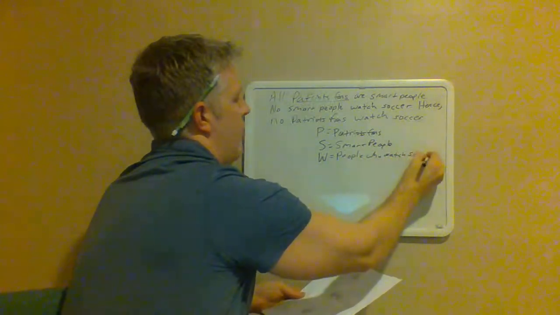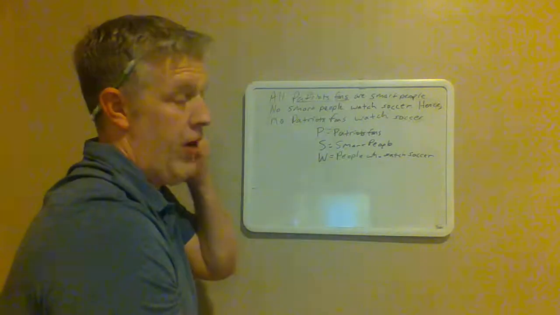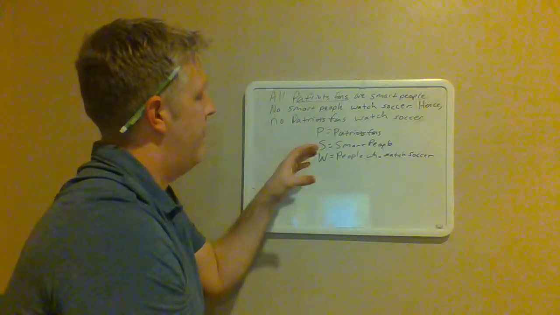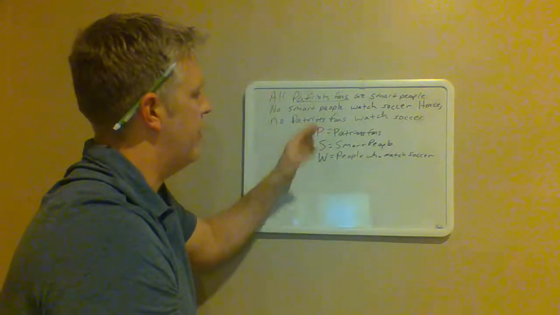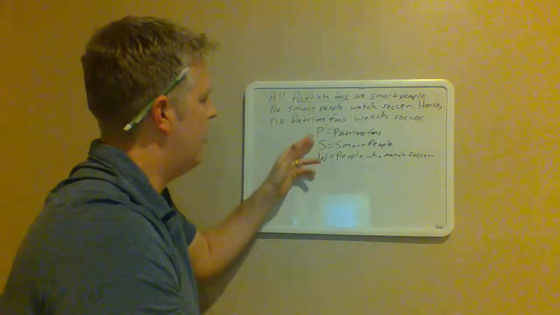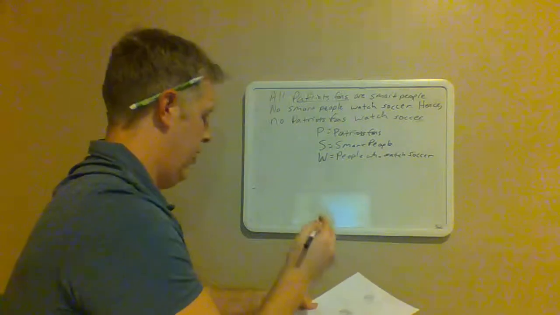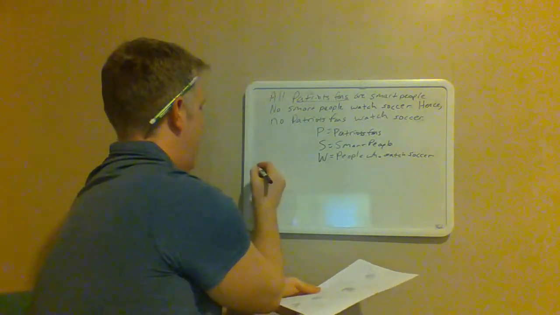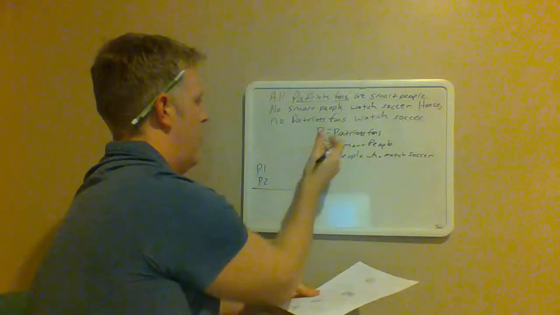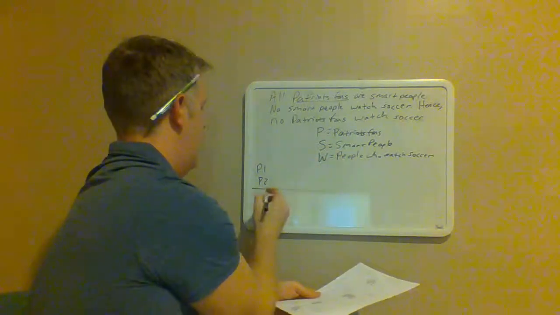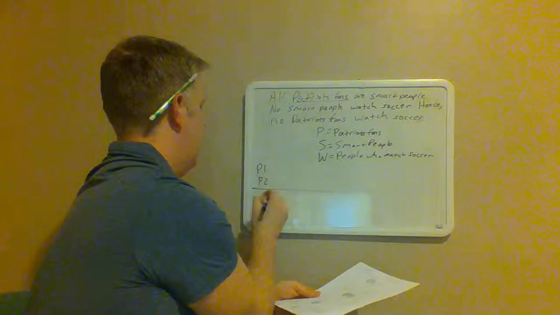And I would encourage you, as you're doing these on the homework or practicing for the quiz, to be very careful and cautious and take the time to make all this very clear, especially your key. Know exactly what each letter is representing. So we'll go back up and map this argument according to the letters that we've used for the terms.